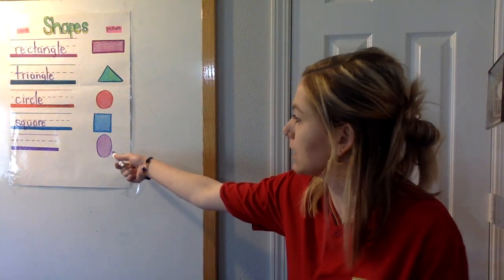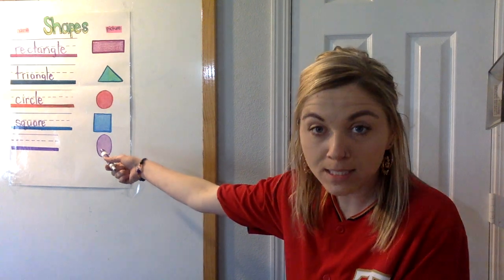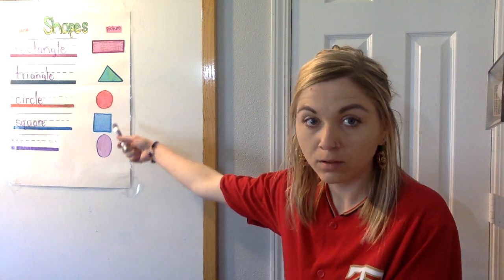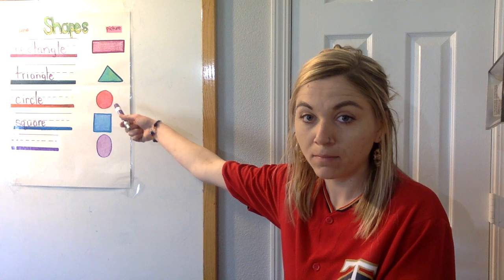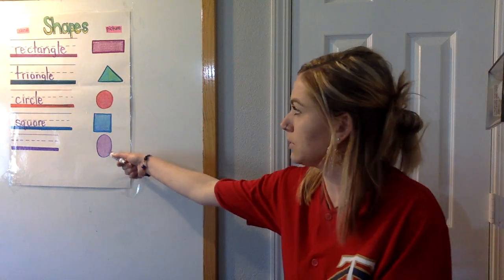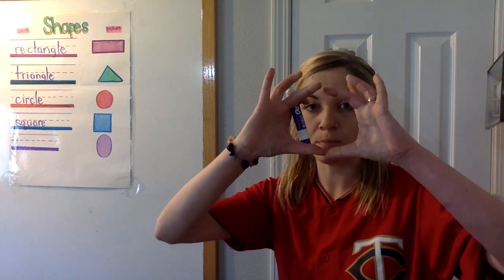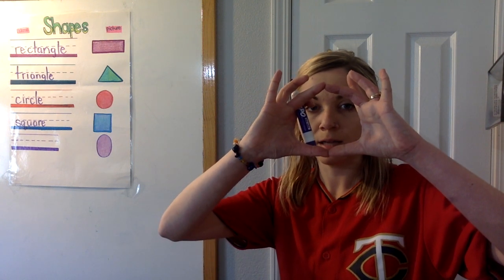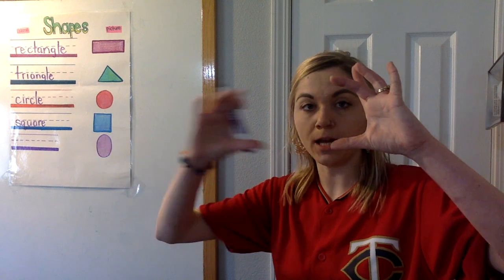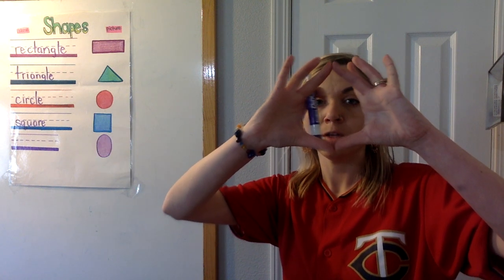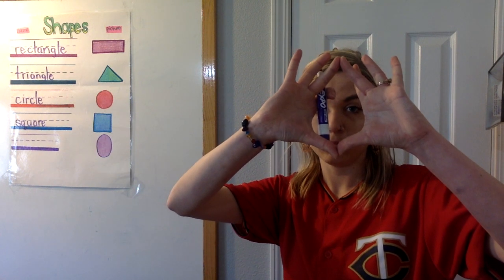And this last shape we see up here, it is similar to this shape, but how is it different? How is this shape different than our circle? The circle is perfectly round. And to get to this purple shape, it kind of has to get sucked in.